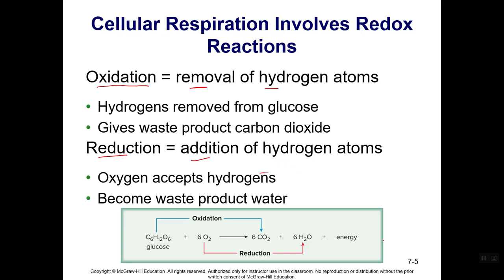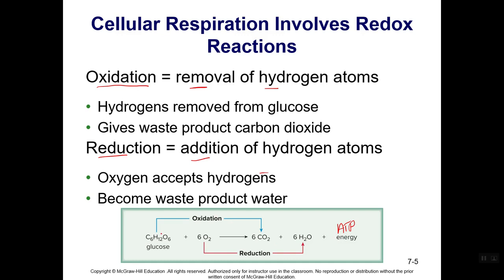And if you memorize your equation for photosynthesis, then this is going to be easy for you to memorize as well, because it's the opposite of it. All right, so cellular respiration starts with glucose plus 6 oxygens, and that yields 6 carbon dioxides, 6 waters, and energy. And that energy will be in the form, of course, of ATP.